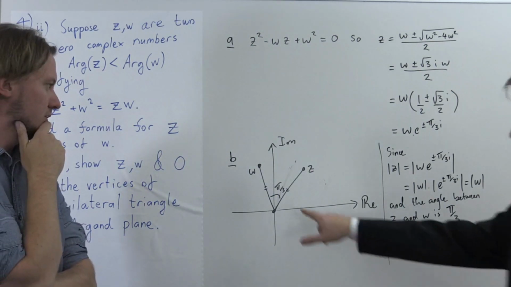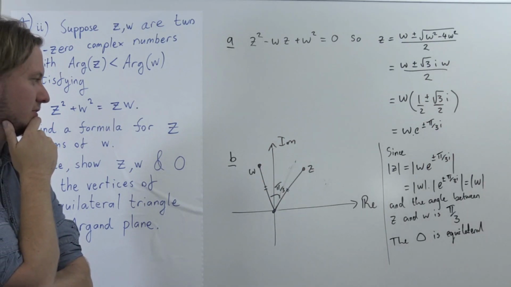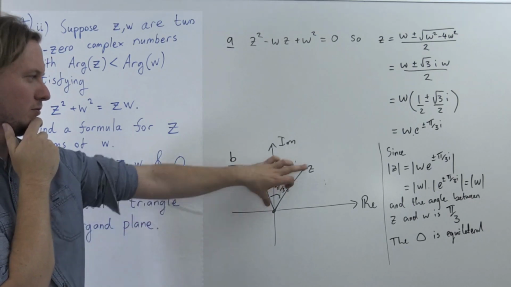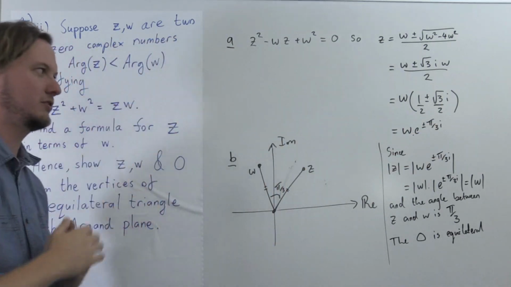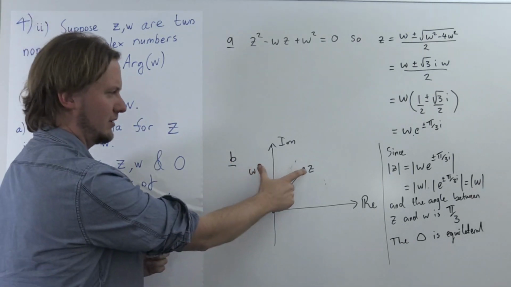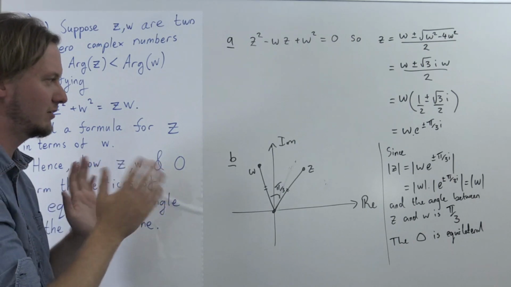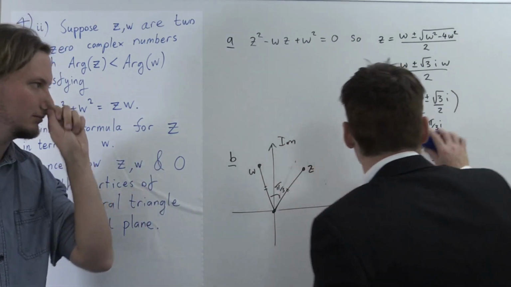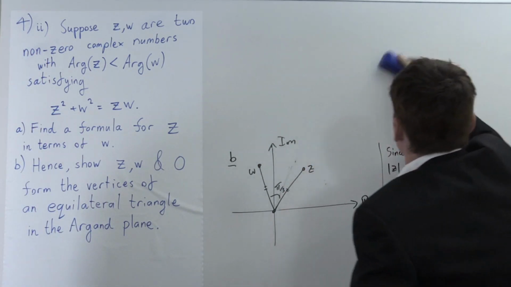You could also find the length between z and w, jumping to my mind as a third option. You know the size of this number is mod w. When you work out the size of this formula, it will tell you it's also the modulus of w. You just need to show that the difference between here is also the modulus of w. So you'll need to look at w minus z or z minus w, and it's fairly straightforward to do that. It is a little bit more laborious.